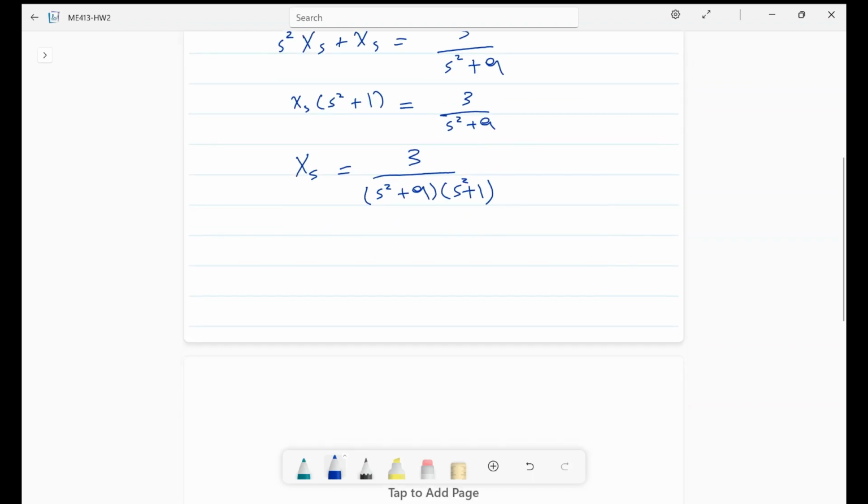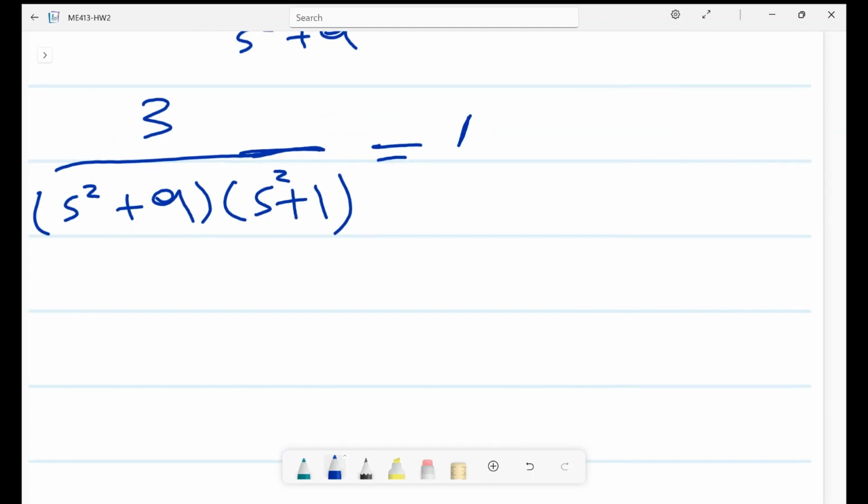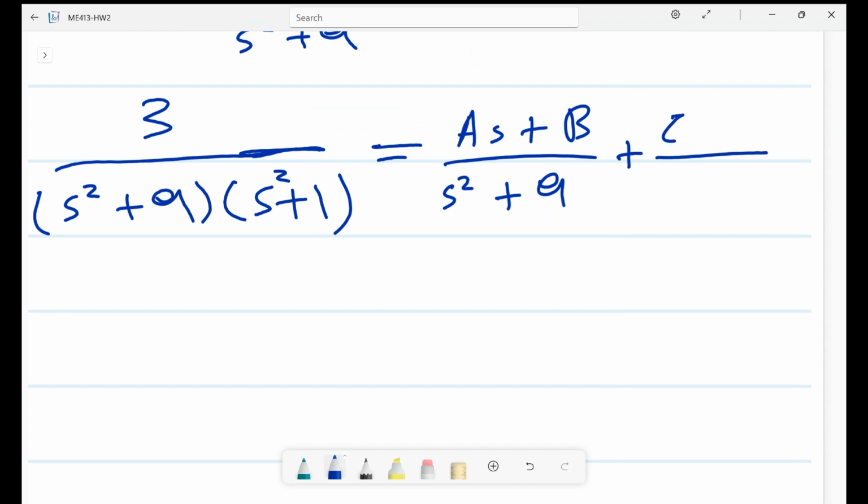Now we will use the undetermined coefficients method to simplify this term into As plus B over s squared plus 1 or s squared plus 9, it will be the same, and here Cs plus D over s squared plus 1.